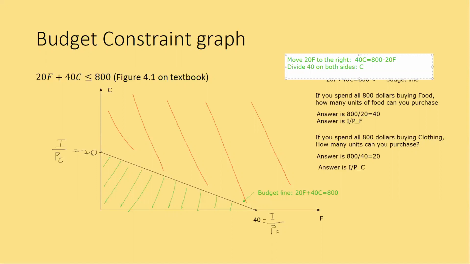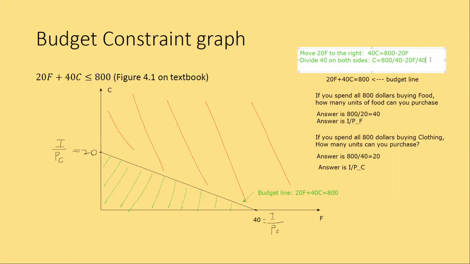So this gives us C equals 800 divided by 40 minus 20F divided by 40. And we can simplify this. This becomes C equals 20 minus F divided by 2.